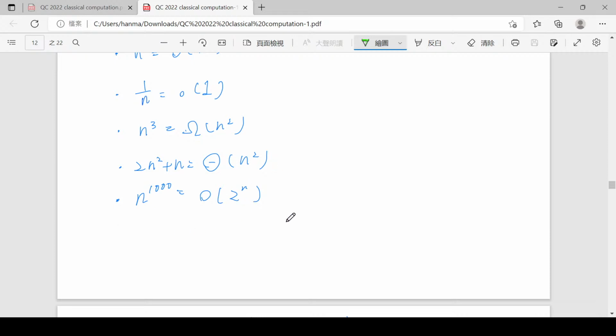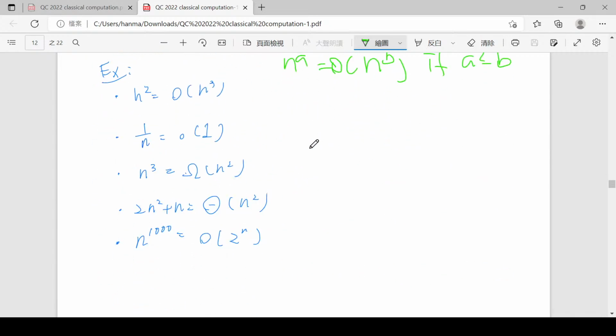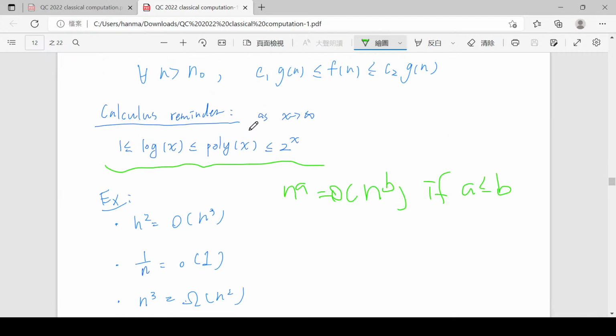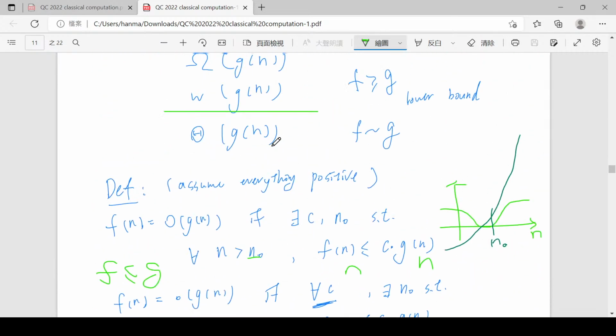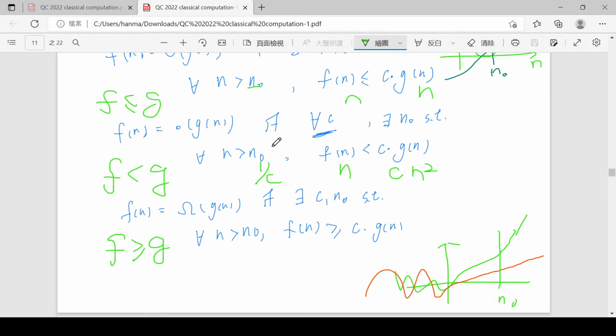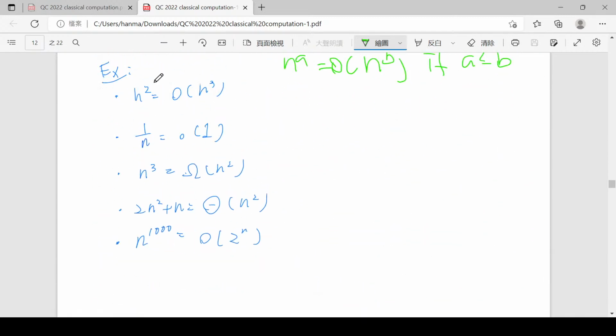But in pure theoretical terms, n to the 1000 is slower than 2 to the n. Okay, any questions about big O notation? Hopefully you learned this in calculus or in another class. This is an important concept that you need to know, and this kind of calculation is very fast once you get used to it.